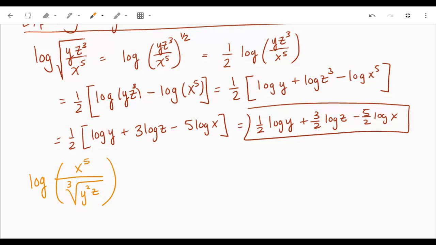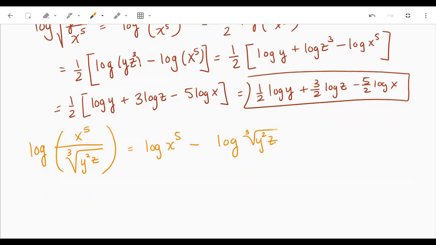Okay. Now the outer function, the thing we're going to do first, is separate the numerator and the denominator. So I have log x to the fifth minus log cube root y squared z. Okay, and that cube root, remember we can write it as the 1/3 power.